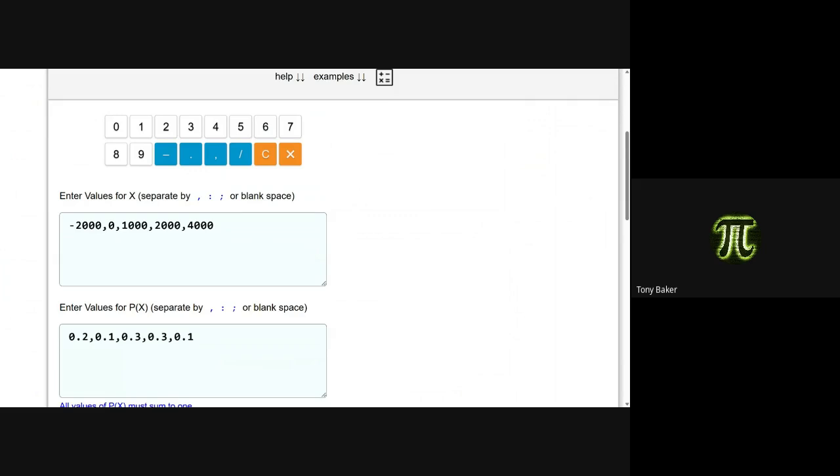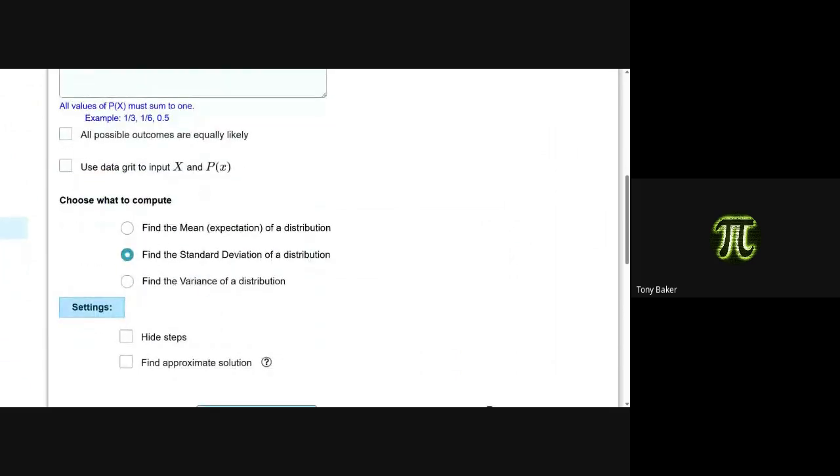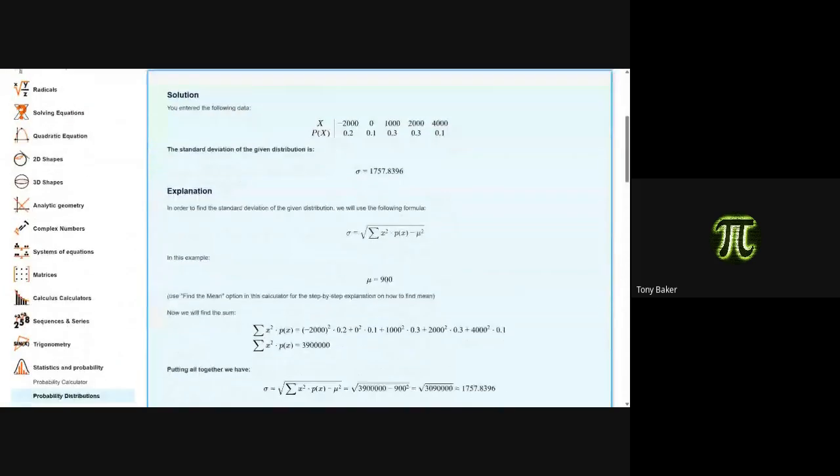So for the one we just did for A, it was negative 2,000, 0, 1,000, 2,000, and 4,000. And then the probabilities of each of those occurring: 0.2, 0.1, 0.3, 0.3, 0.1. These have to match. The number of values here has to match the number of values in this one. And then you just click what you want. So we're going to find the standard deviation. And you calculate it, and it gives you the answer.